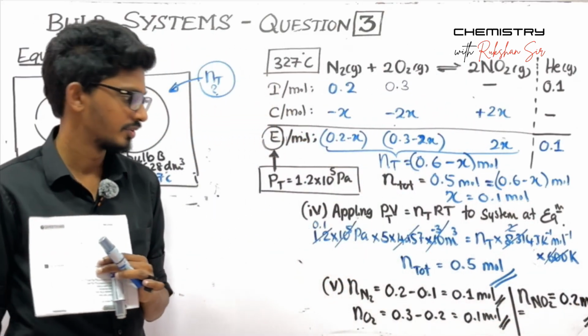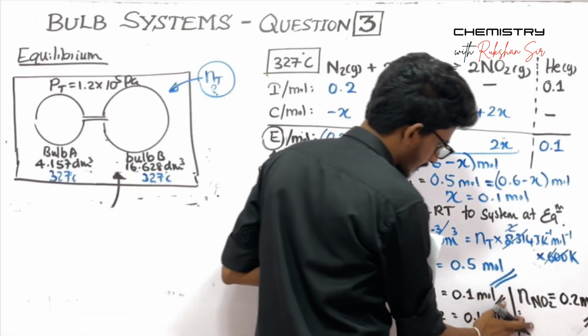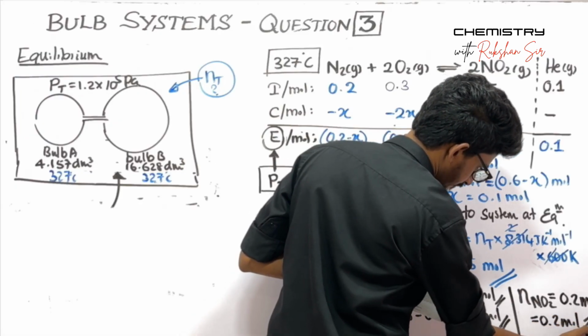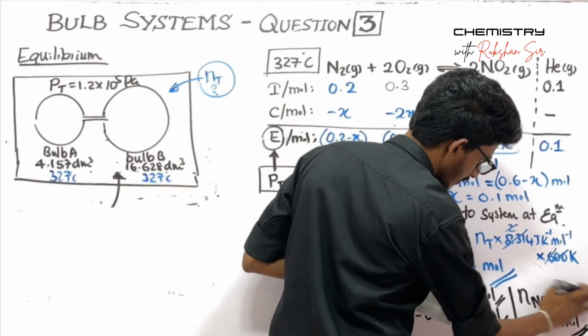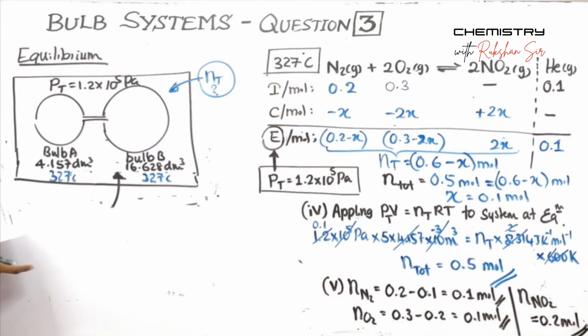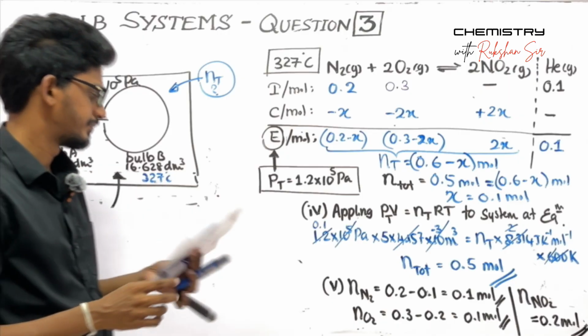Right? 0.2 moles. Okay. That is the Roman number 5.